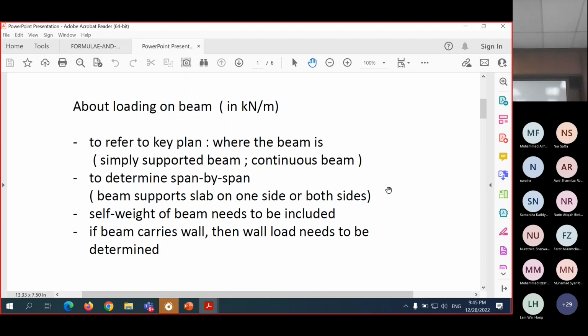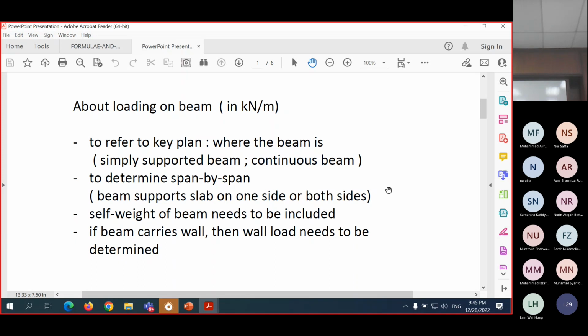Now, some of the resources that you refer to, when calculating self-weight, they subtract the thickness of the slab. Yeah, if your beam depth is 450, then your slab thickness is 150. So sometimes when we calculate the beam self-weight, we can take away the depth of the slab.